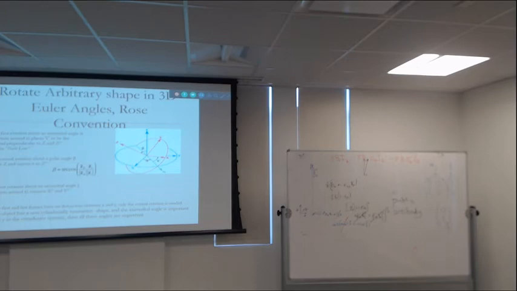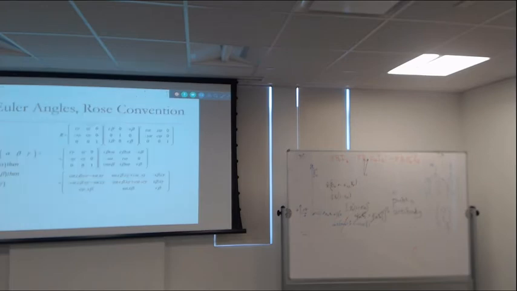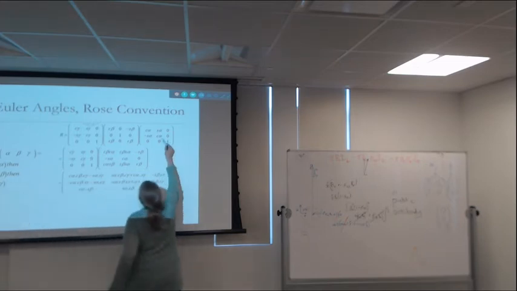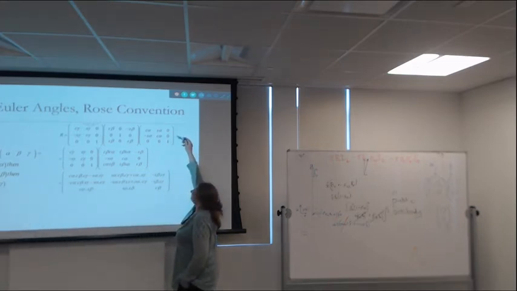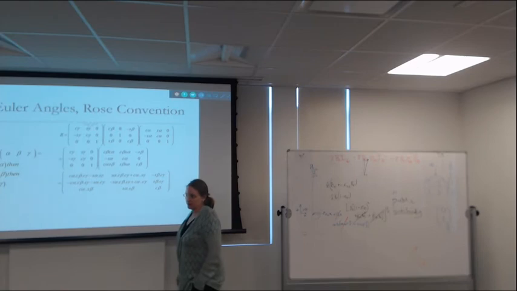I want to say the same thing in an equation. It's three operations. A rotation around z, a rotation around the new y, and a rotation around the doubly new z. So, it's going to be a 3 by 3 matrix because it's a rotation that's going to act on a 1 by 3.